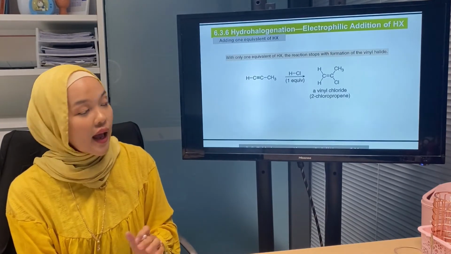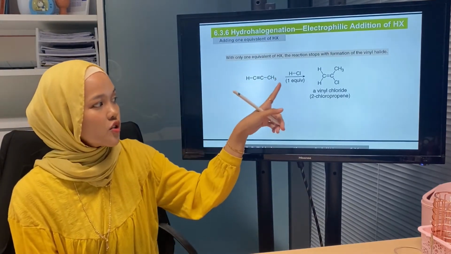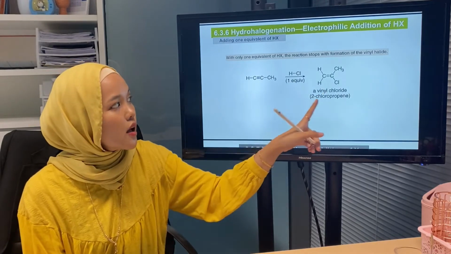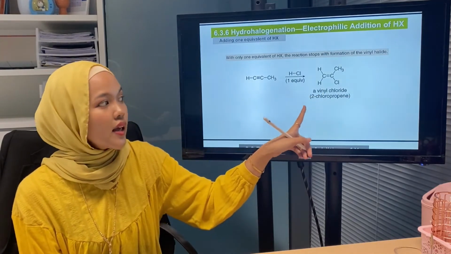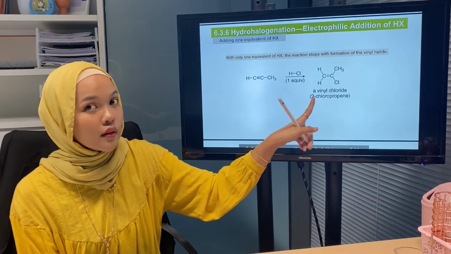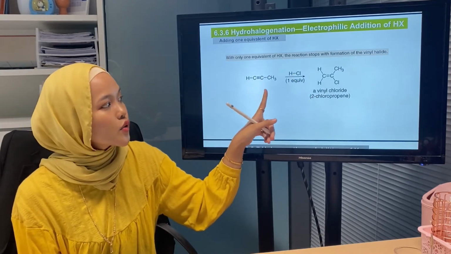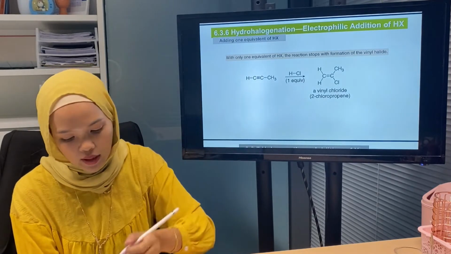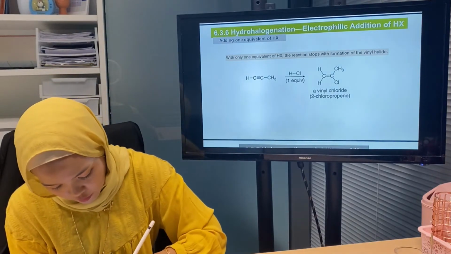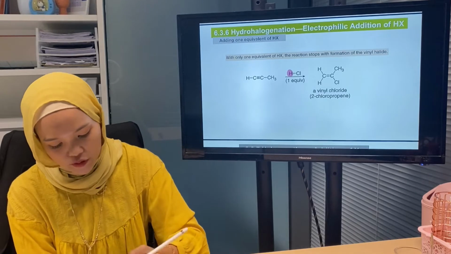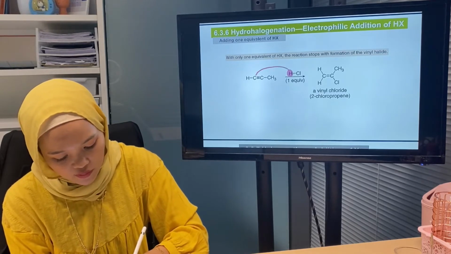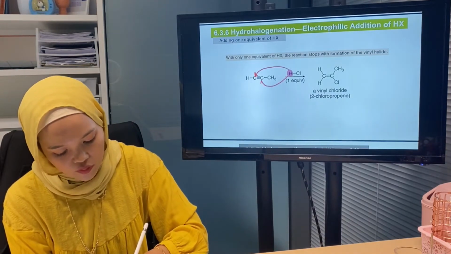You can also add only one equivalent of HX. This will produce vinyl chloride. This one will also follow the Markovnikov rule. For example, look at your hydrogen here: will it go to this carbon or to this carbon?